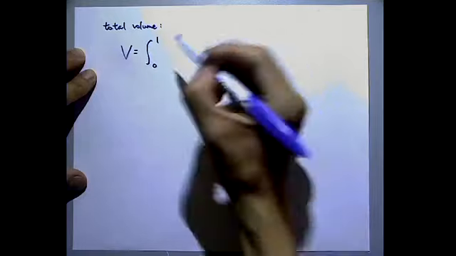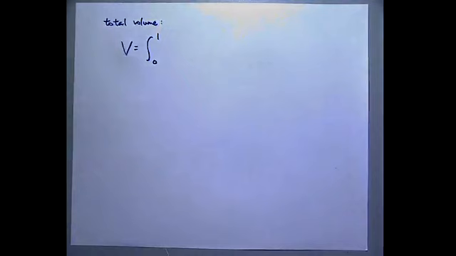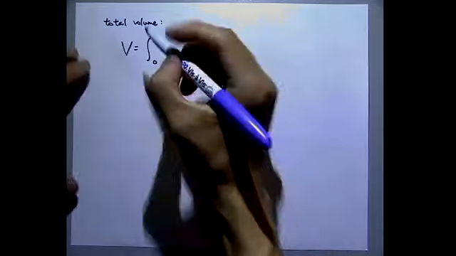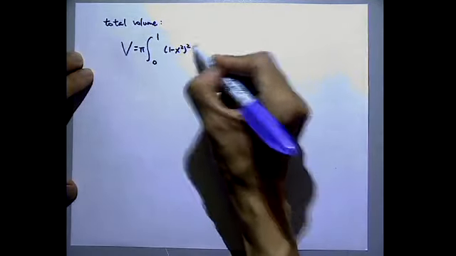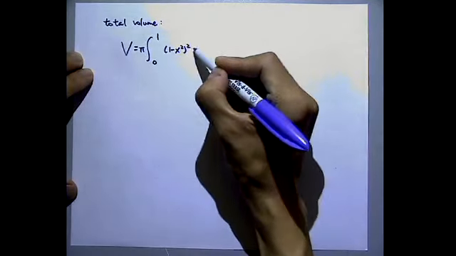Zero to 1. Let's take the pi outside right now. Then to integrate that, go ahead and multiply these things out.